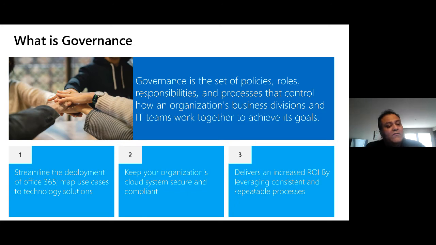The key difference is that most of the time, when you move to the cloud, you do not own the infrastructure. You do not have control over the back end of where your content is actually stored, whether it's Teams, whether it's Office 365, whether it's your email. So it's important to manage a governance plan and streamline it to the different technology solutions.